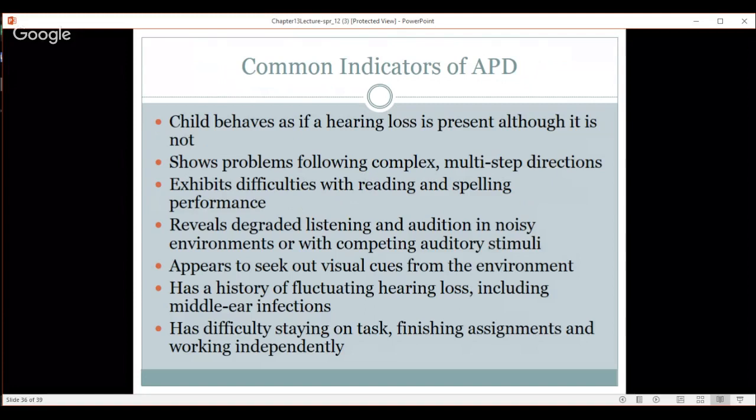The child may exhibit difficulties with reading and spelling performance, or reveal degraded listening and audition in noisy environments or with competing auditory stimuli. They may appear to seek out visual cues from the environment. They might have a history of fluctuating hearing loss, including middle ear infections, or have difficulty staying on task, finishing assignments, and working independently. Obviously, more than one of these indicators would need to be present in order to have a diagnosis of APD.